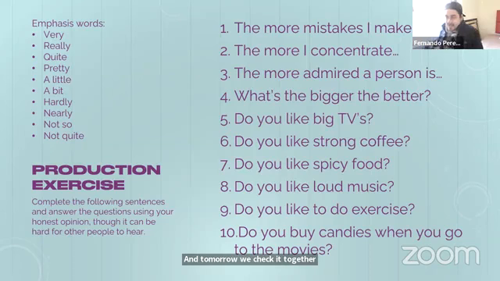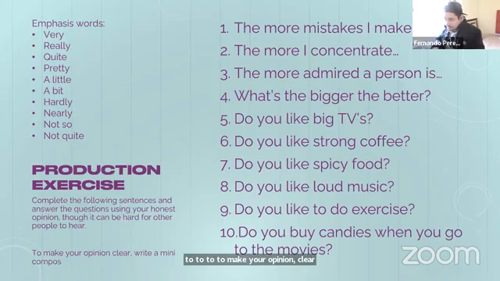You can write mini compositions, if necessary, to make your opinion clear. Write a mini composition of 2 or 3 sentences. That can help the full sentence be built.